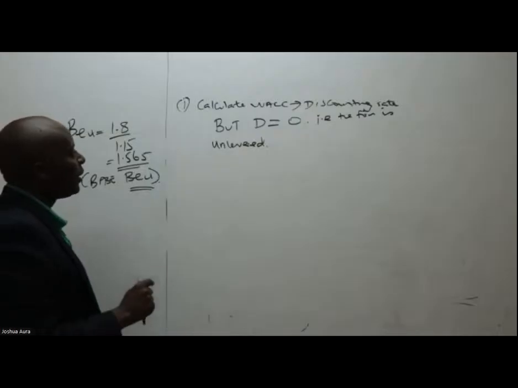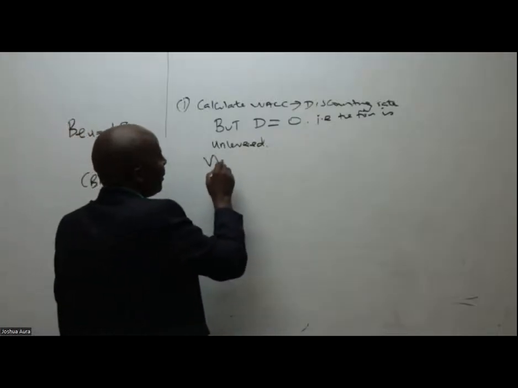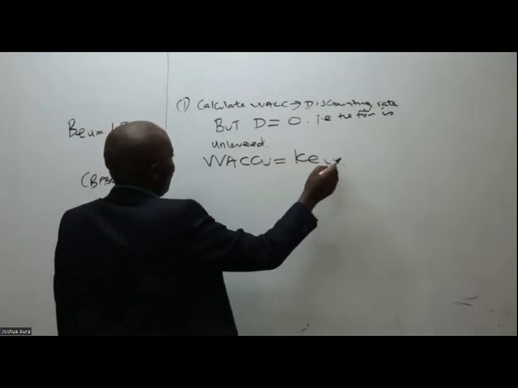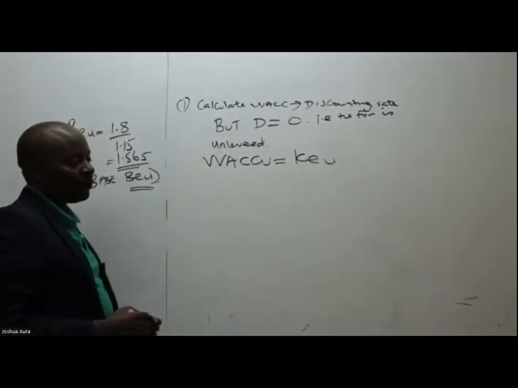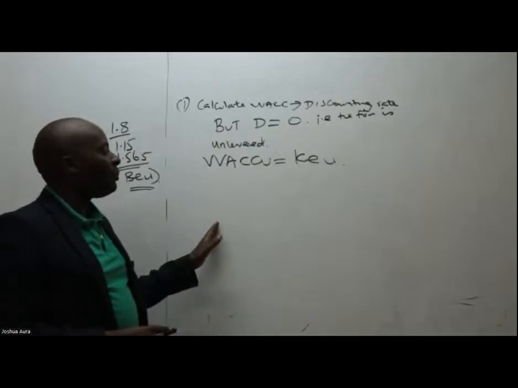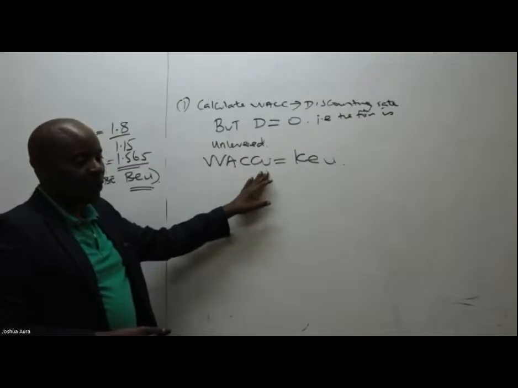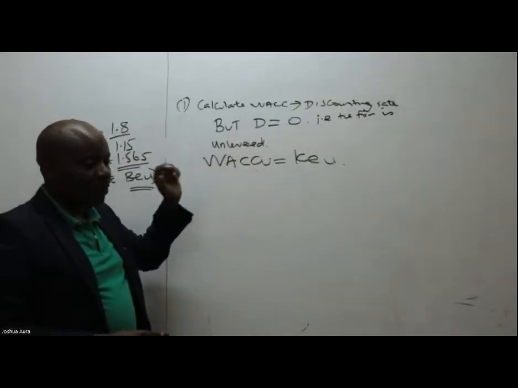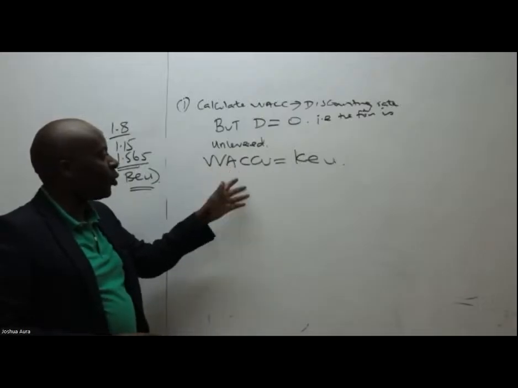So if it's unlevered, remember in this case, ladies and gentlemen, WACC equals cost of equity. Very, very important. If it's unlevered, then the weighted average cost of capital of an unlevered firm will always be equal to cost of equity of an unlevered firm. Some students sometime back told me WACC equals Ke.